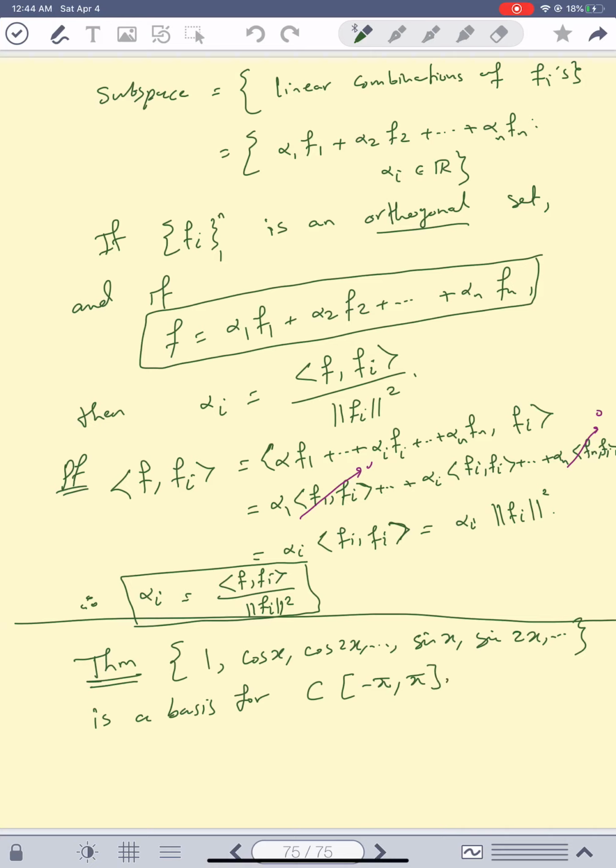So if you take all continuous functions, what do we mean by a basis? That means you can write each one as a linear combination of these functions.